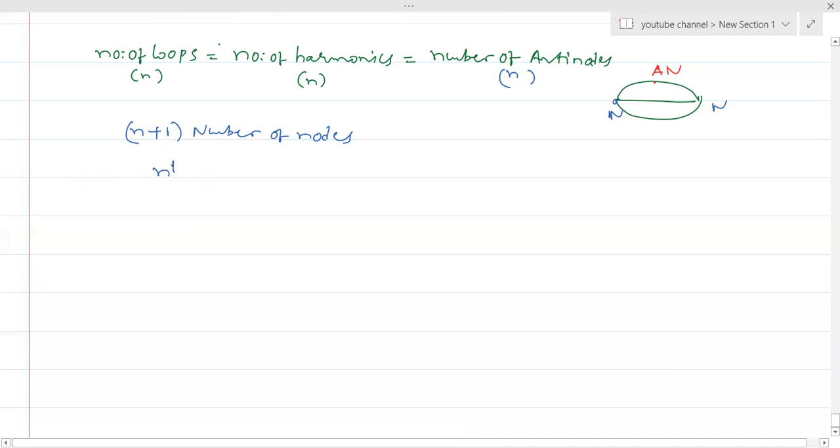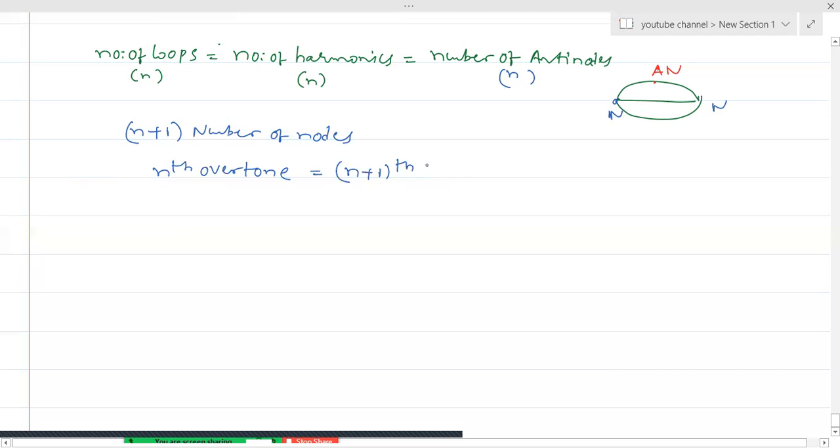Similarly, if we take the nth overtone for strings, it will be the n plus 1th harmonic.